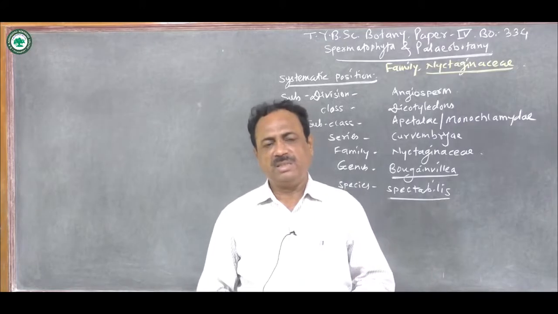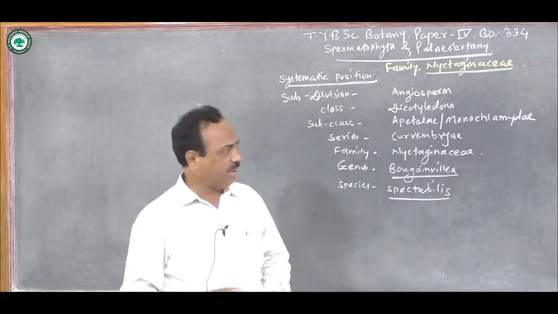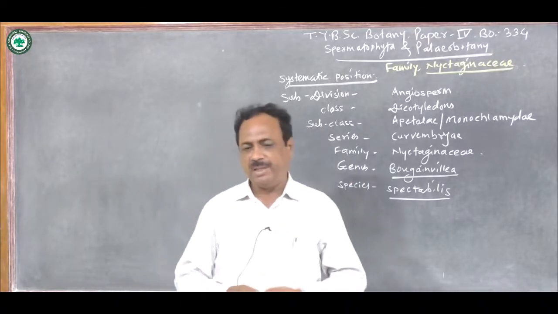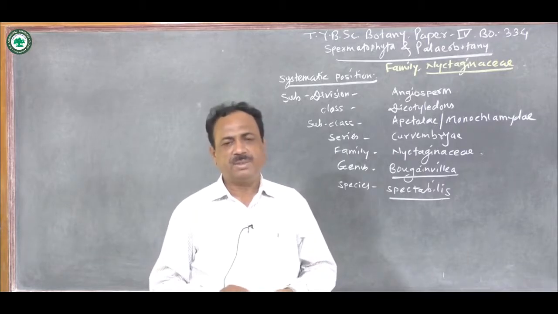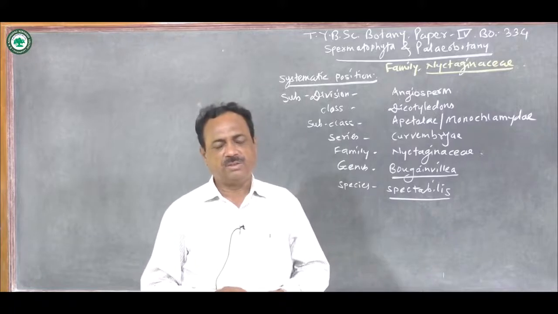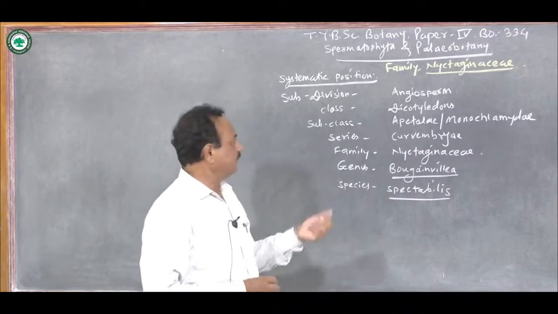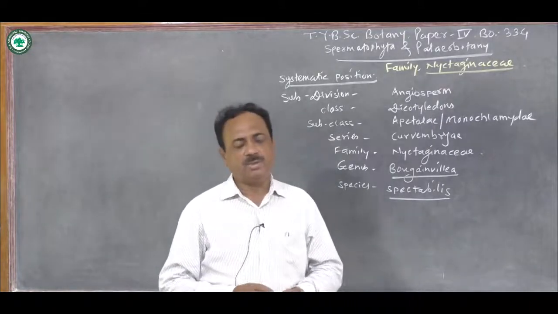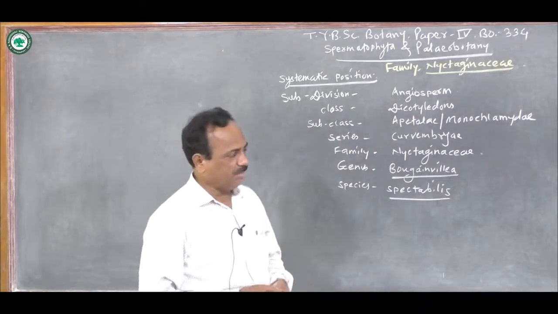First let us see about its systematic position or classification. So if we see the systematic position or classification of this family: division Phanerogams, subdivision Angiosperms, class Dicotyledons, then subclass Apetalae or Monochlamydeae, series Curvembryeae.